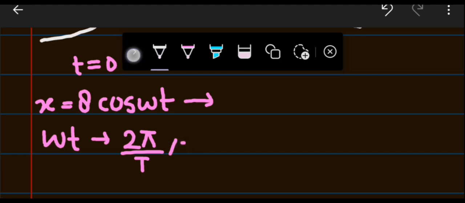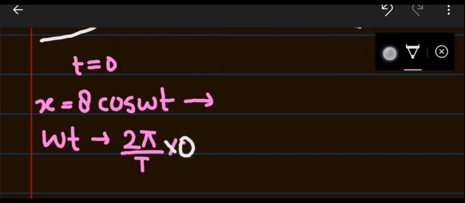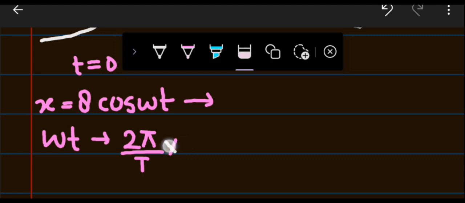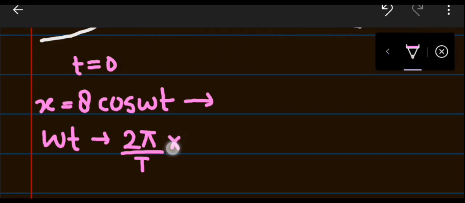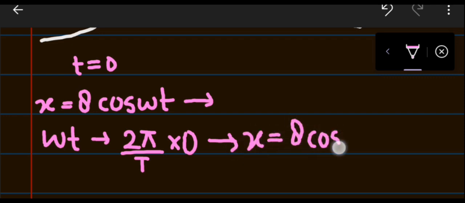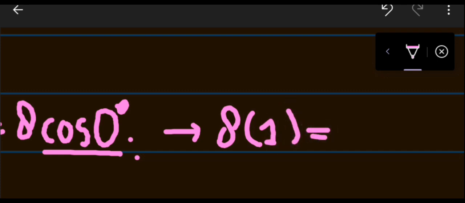When we multiply it by 0, our answer will be x is equal to 8 cos 0. And we know cos 0 degree is equal to 1. So 8 multiplied by 1 is equal to 8.